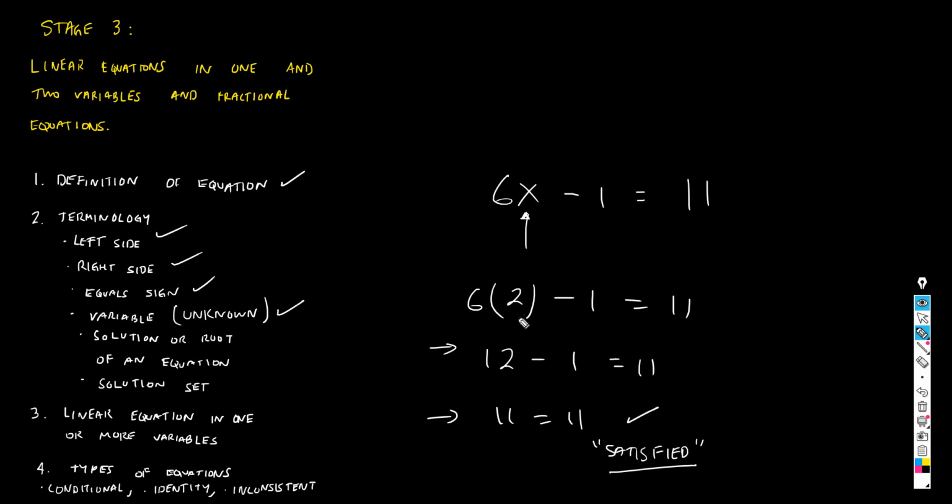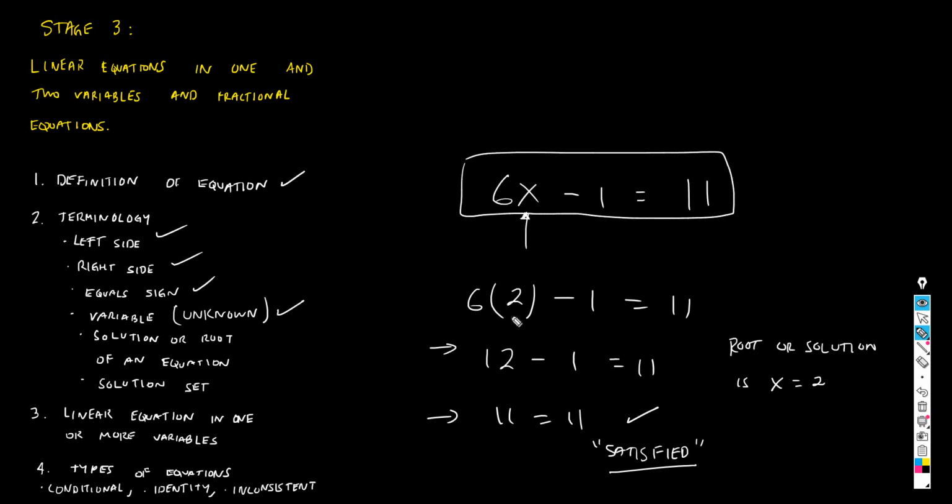And therefore we call the number 2 the solution or root. The root or solution is x equals 2. The root or solution to my equation, in this case, is the number 2. So remember, root and solution mean the exact same thing.